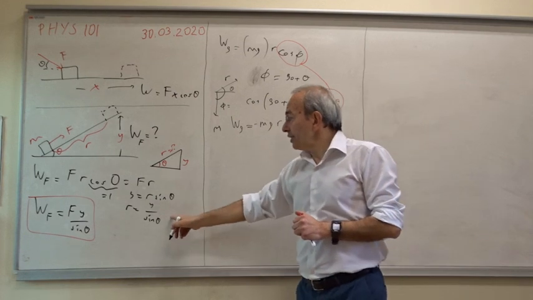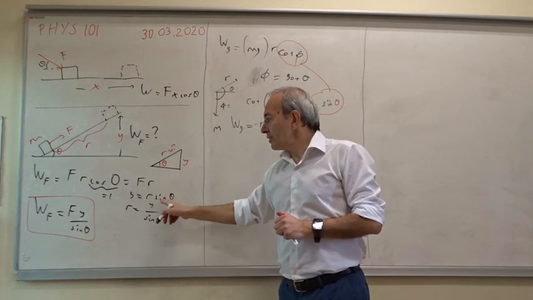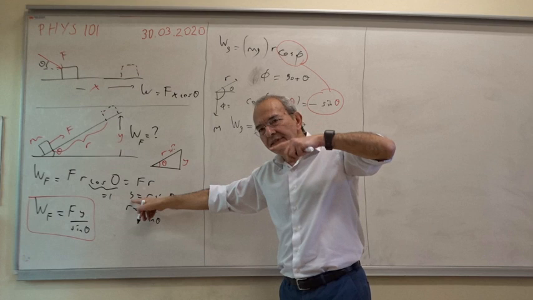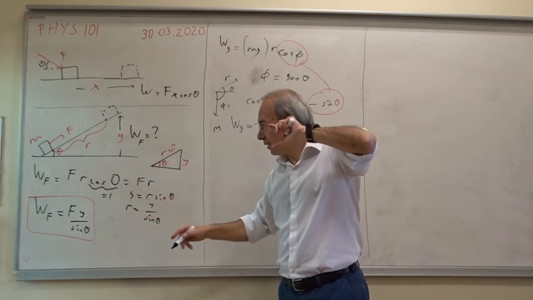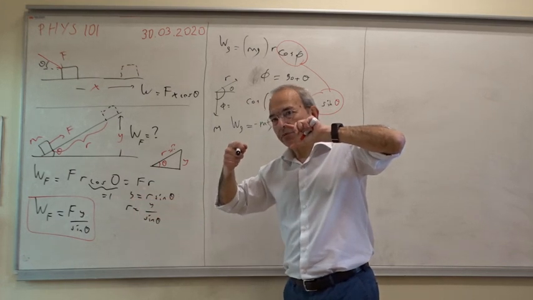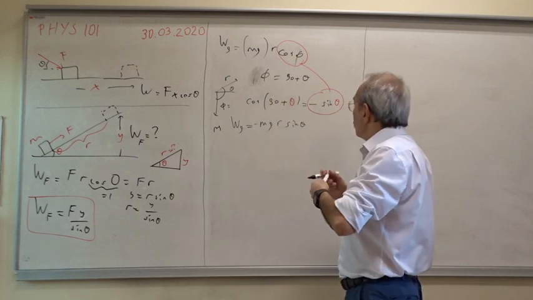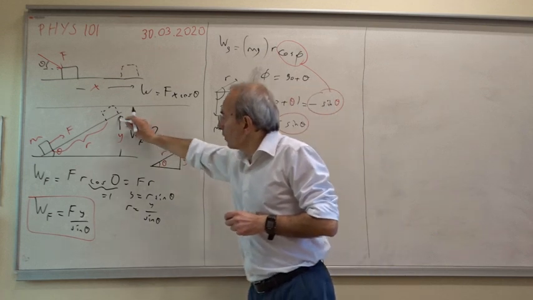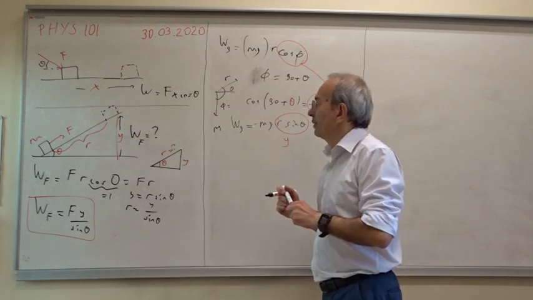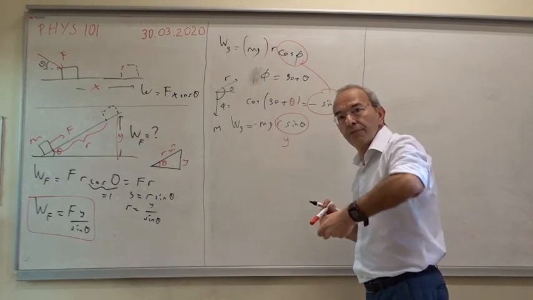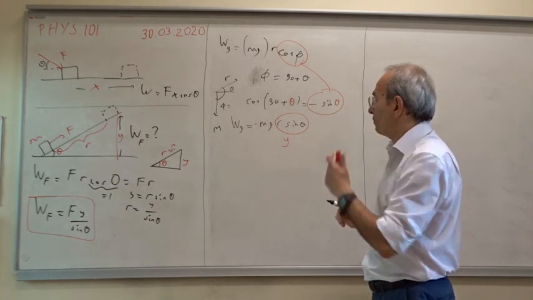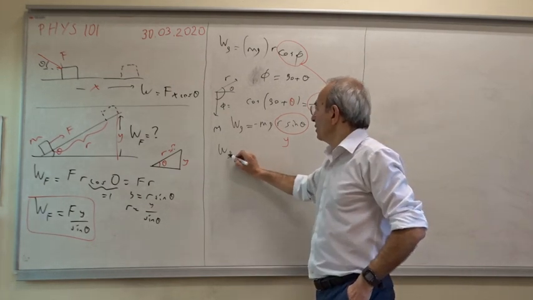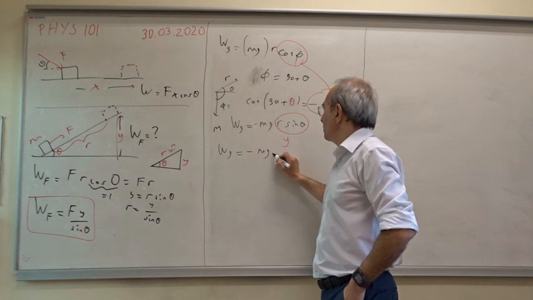But we have also seen here that r sine theta corresponds to the height in this lifting up process, height y. So this part, r sine theta, corresponds to the vertical distance covered upward, so the work done by gravity is minus m times g times y.